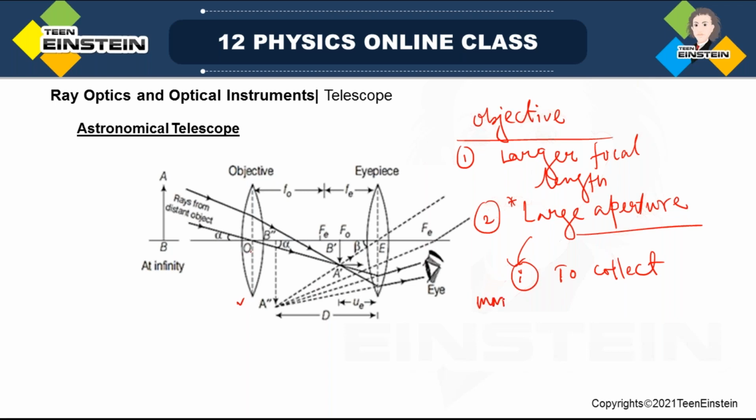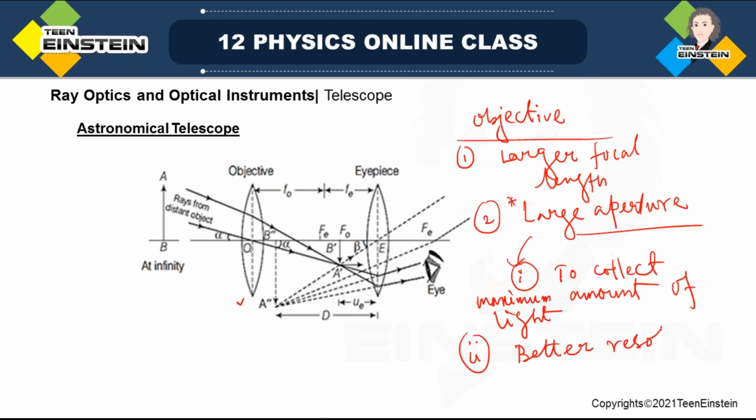And the second thing is, a large aperture actually gives you better resolution. Okay, actually these two are related to the same thing, better resolution and brightness.